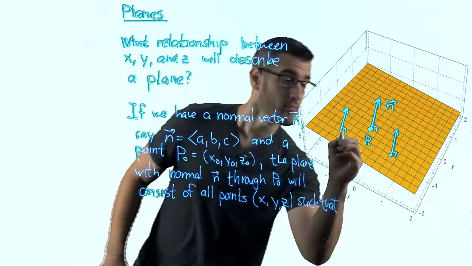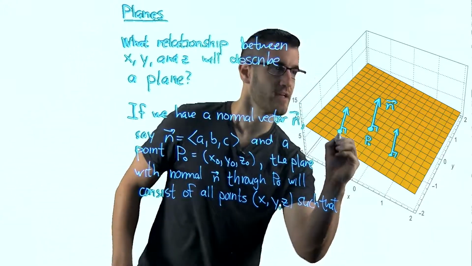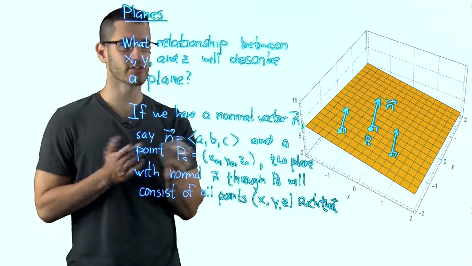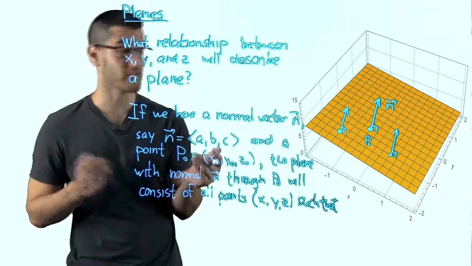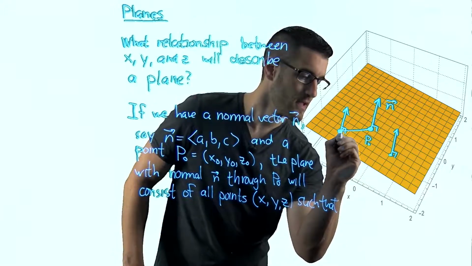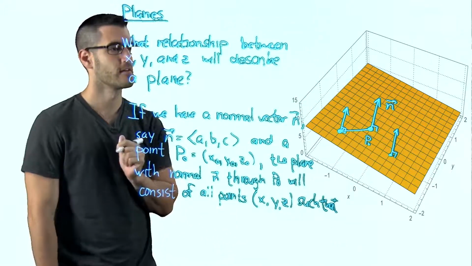So here's another point on the same plane. And if I have 2 points, I actually can very easily make a vector that goes between the two of them by just starting, say, at p0 and extending to that point.